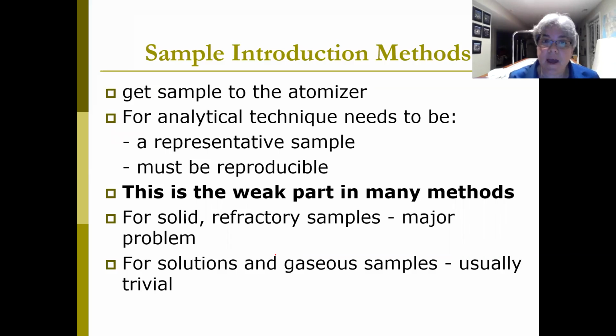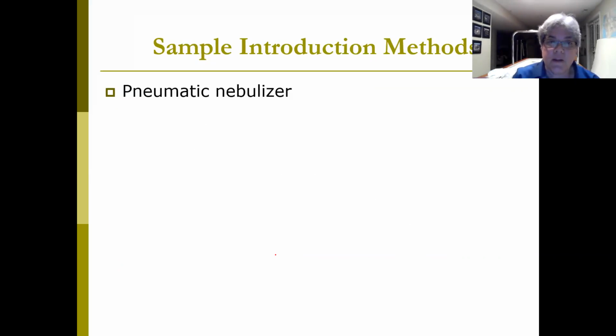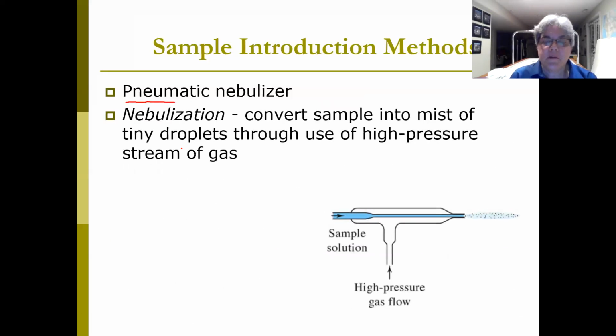So let's look at how we get liquids into my instrument. So we're going to use something called a pneumatic nebulizer. This word pneumatic means air. So what a nebulizer does is it converts your sample into small, tiny droplets using high pressure gas.